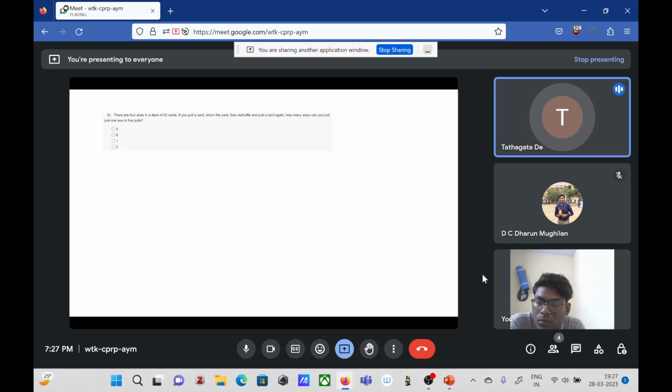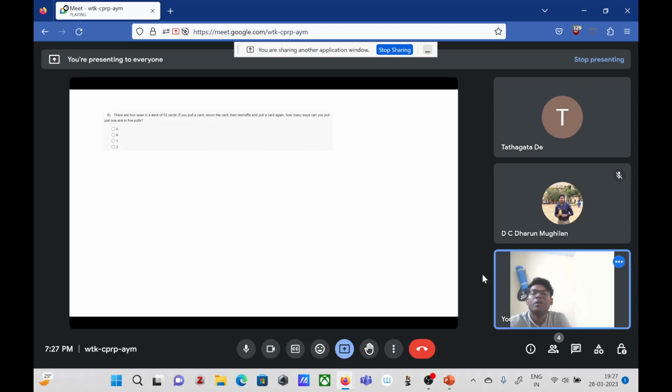So 1/13 into 1/13, no. I'm thinking that there are four aces and 52 cards, so the probability of getting one ace out of 52 cards is 4/52. No, you are talking about probability. The question says how many ways. It's simple, you are making it complex.